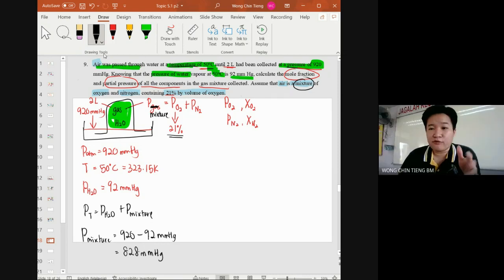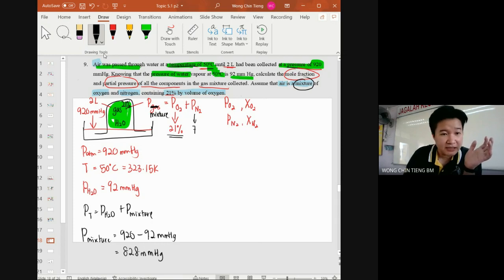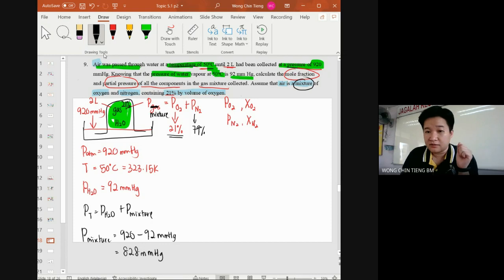Perlu tak kira guna mole fraction, number of mole, PV, nRT, semua tu? Oh ya, soalan dah bagi percentage. Alright, in the entire container, 21% is oxygen gas. Another that, your nitrogen gas will be 79%. Betul? So nak cari partial pressure, tak payah guna formula apa-apa. Guna pecahan tu. Guna percentage tu.